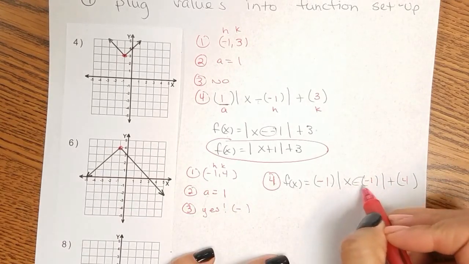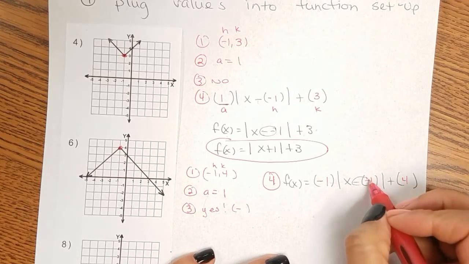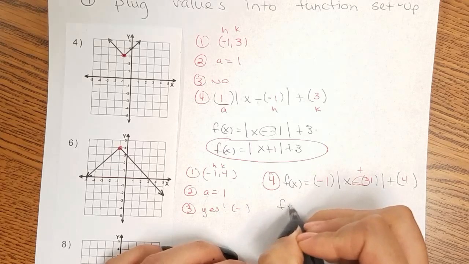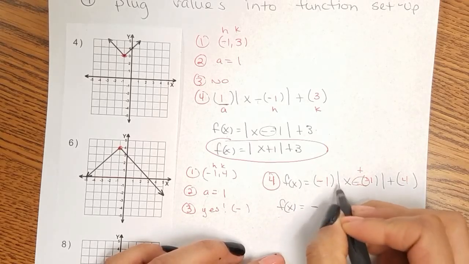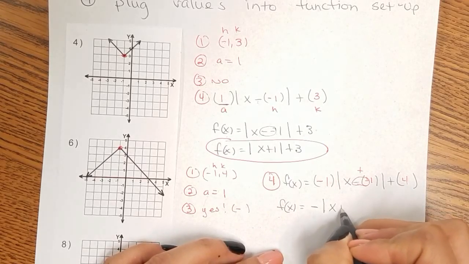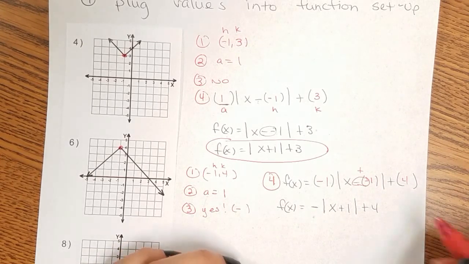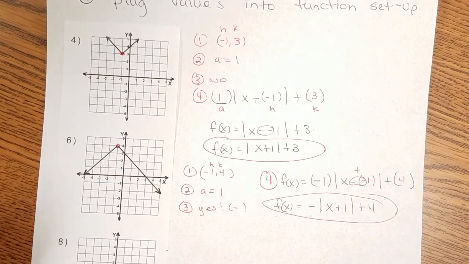So then when you rewrite it, you have to check that double negative. That's right here. That's going to turn into a positive. F of x is equal to negative, you can leave the 1 there if you want to, absolute value x plus 1 plus 4. And that's your equation.